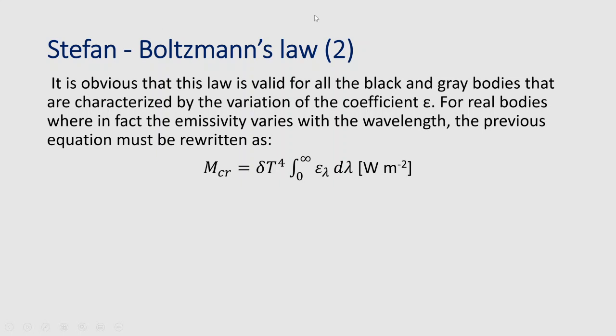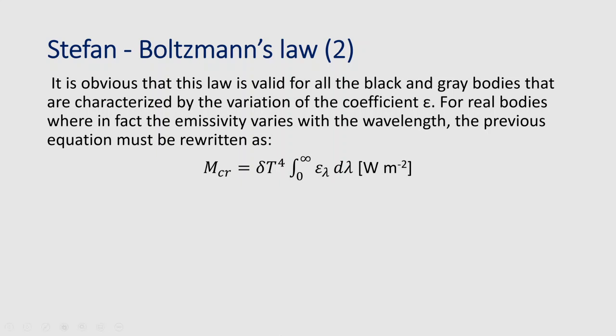So that means that when calculating the Stefan-Boltzmann law for a real body, we can take sigma and temperature out of the integral, and for every single wavelength we need to recalculate the epsilon that is ranging over the different wavelengths.